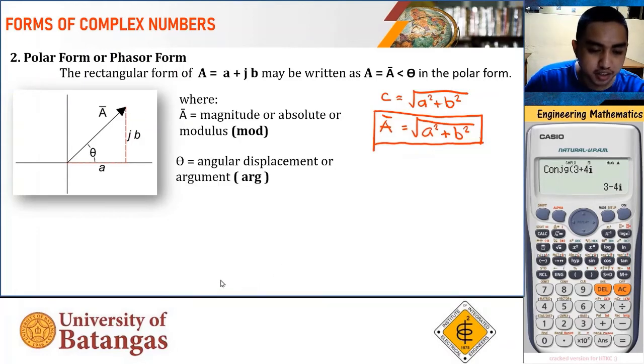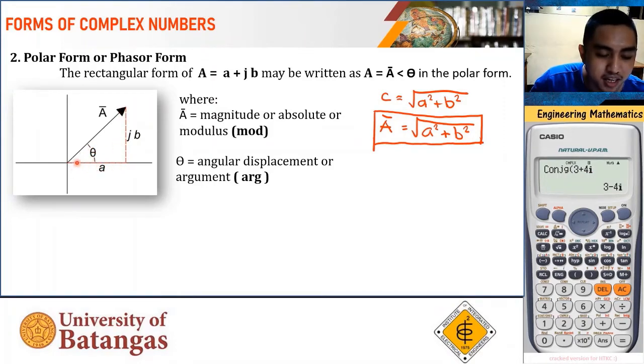Okay, so let's proceed. Okay, para naman sa theta. So yung theta natin is the angular displacement or yung argument ng ating complex number. So, yung theta, para makuha naman natin siya, kailangan malaman natin yung relationship ng imaginary part at saka ng real part dun sa ating angle. So, kung mapapansin nyo, kung ito yung aking angle, ang imaginary part ko dito is opposite ng aking angle.